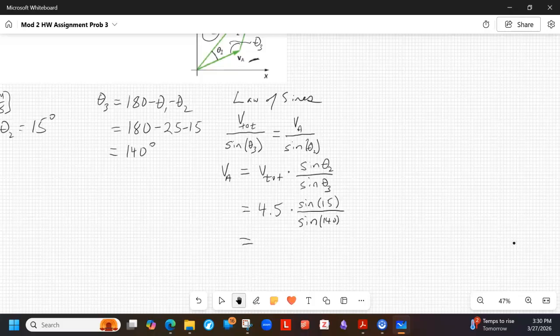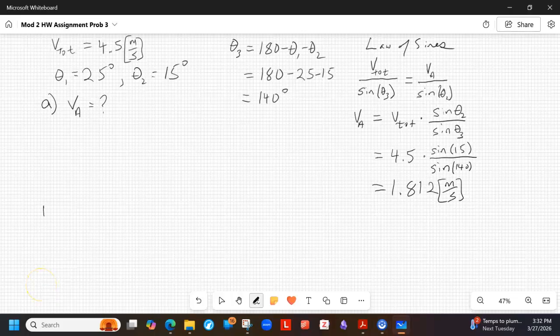And so, getting my calculator, putting those numbers in, I'm getting 1.812. And I know that'll be meters per second. Okay, so that would be part A.